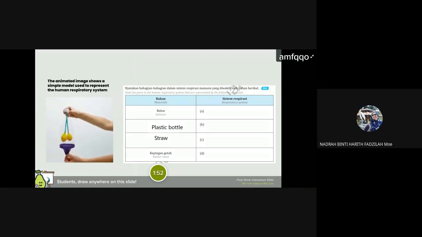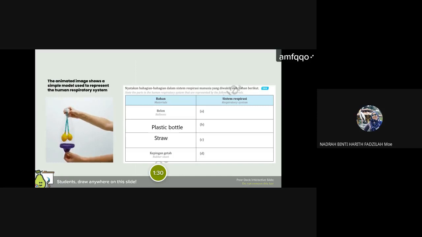Untuk mereka yang baru masuk, on this slide, I'm presenting right now the way a simple model that represents the human respiratory system works. For this particular slide, can you identify what the balloon represents for our respiratory system? Plastic bottle tu untuk apa?